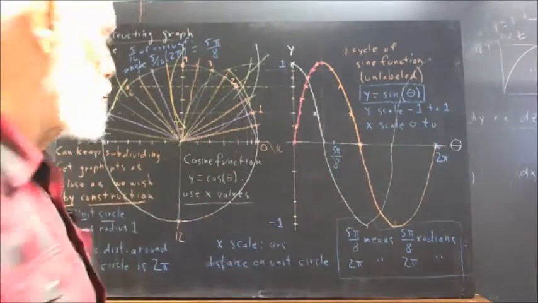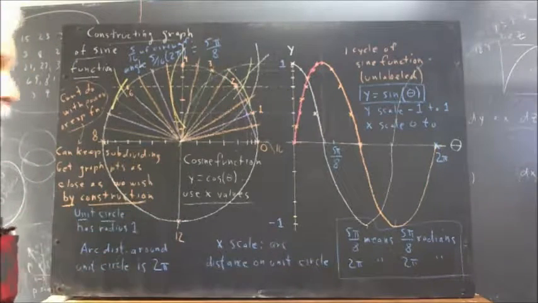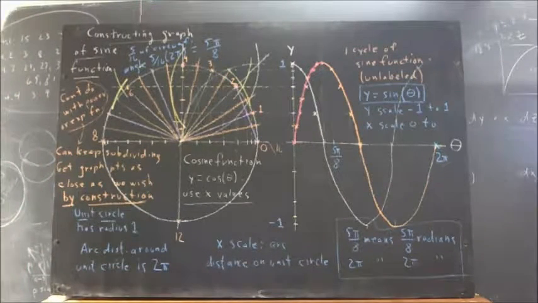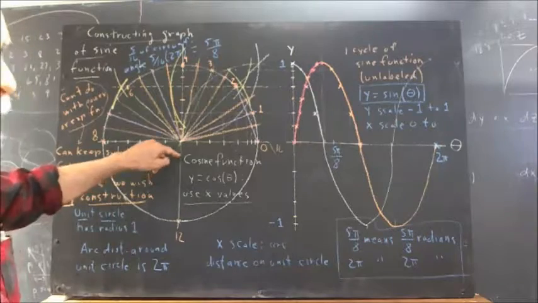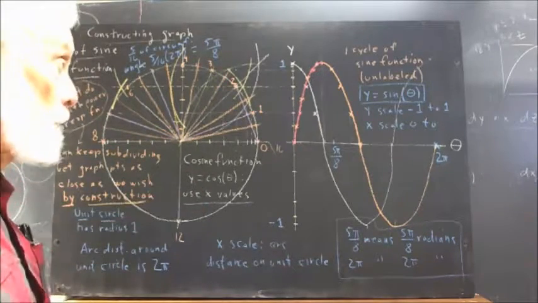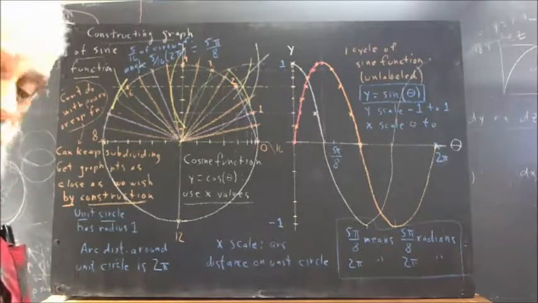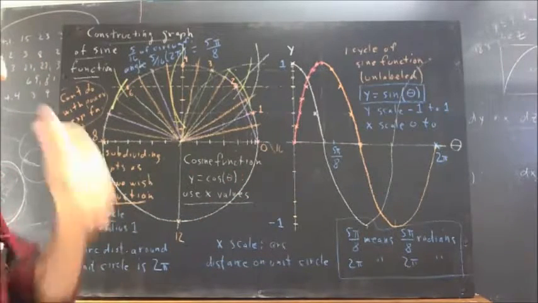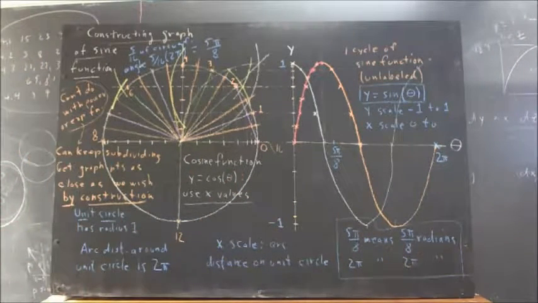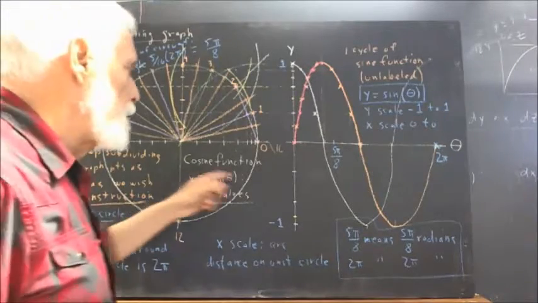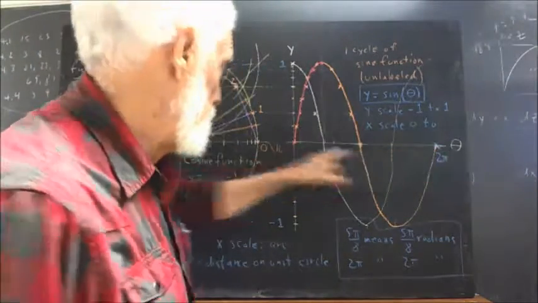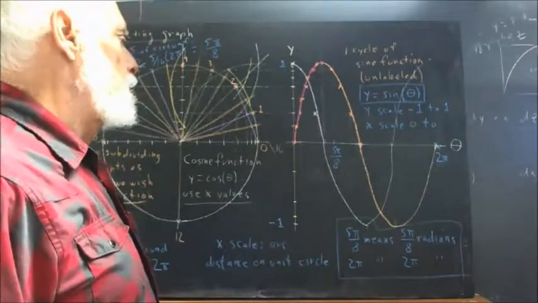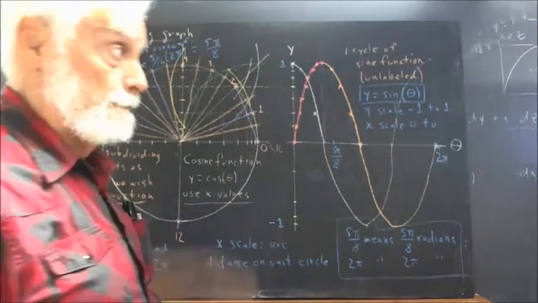It could be constructed just as accurately as the graph of the sine function. Now, the cosine function has one really neat property. The cosine and the sine function have complementary properties. Okay, the value of the cosine, it turns out, for a given value of theta, is equal to the slope of the sine graph.